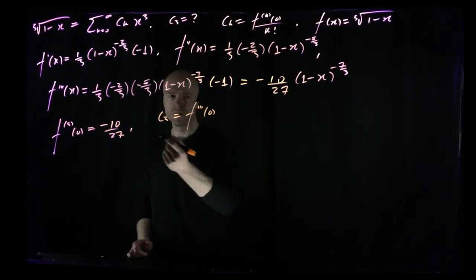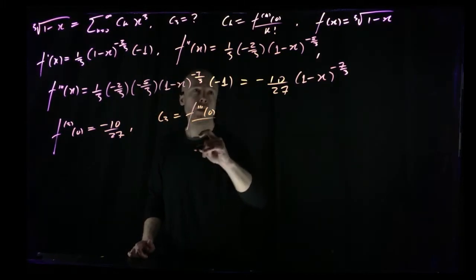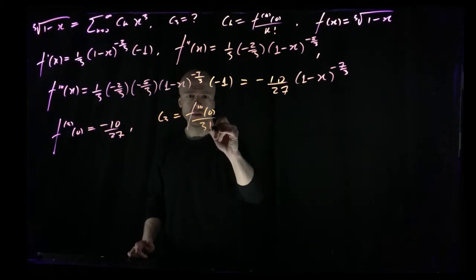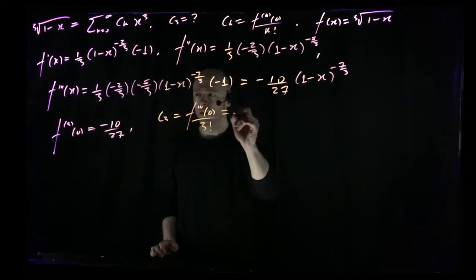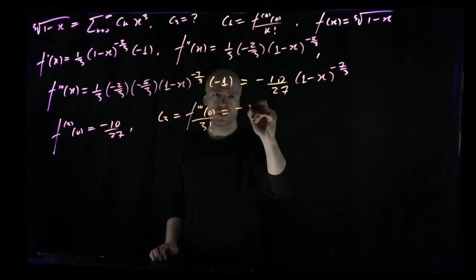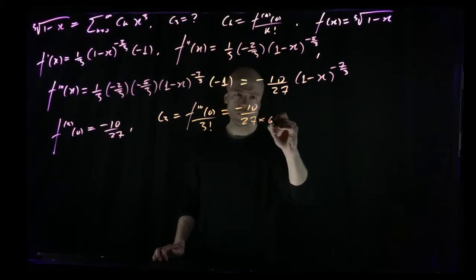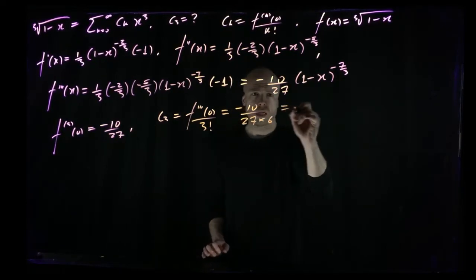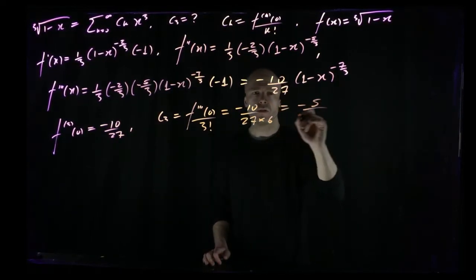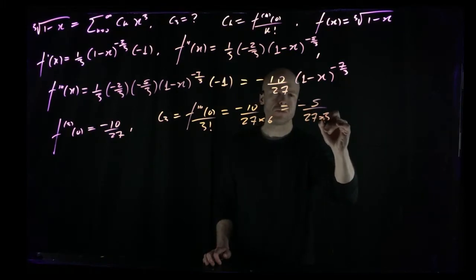Okay, we know that C3, just from this general formula, is the third derivative at 0 over 3 factorial. 3 factorial is just 6. So what is this? This is minus 10 over 27 times 6. So that's the same as minus 5 over 27 times 3.